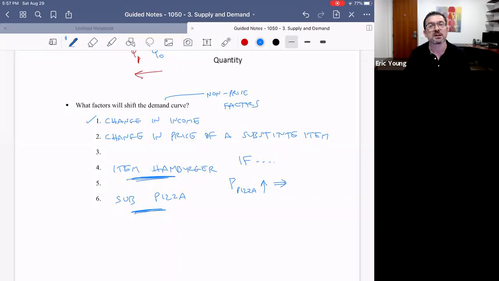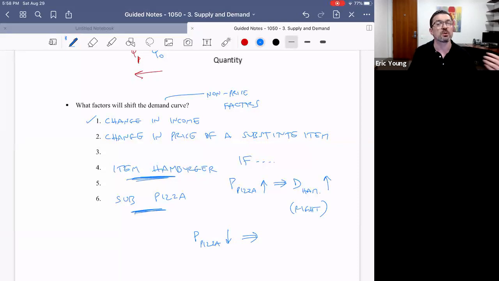So an increase in the price of pizza will pull you away from pizza toward hamburger, and our demand for hamburger will go up, shifting the demand curve for hamburger to the right. The opposite also holds true. If the price of pizza were to go down, this makes pizza look relatively more attractive.